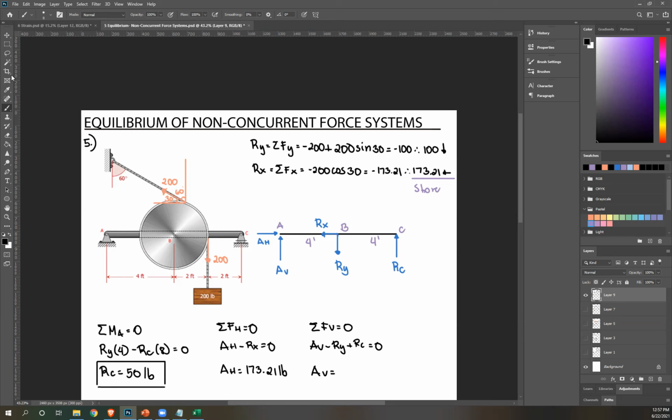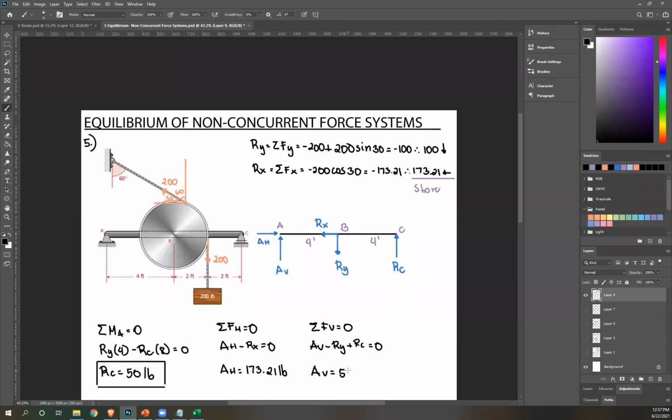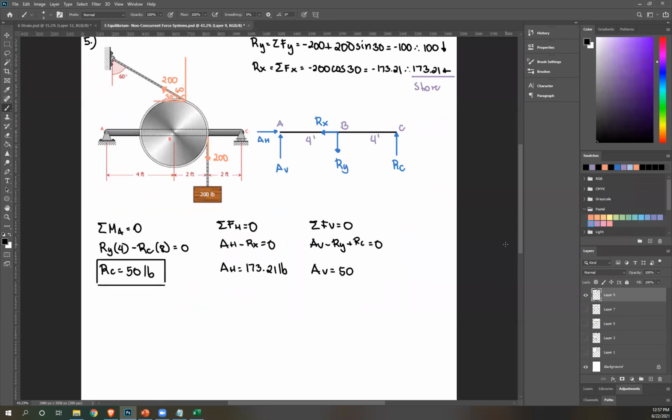Correct. Okay, and now from this, we can finally solve for RA, which is the square root of AV squared plus AH squared. Please solve what's RA.